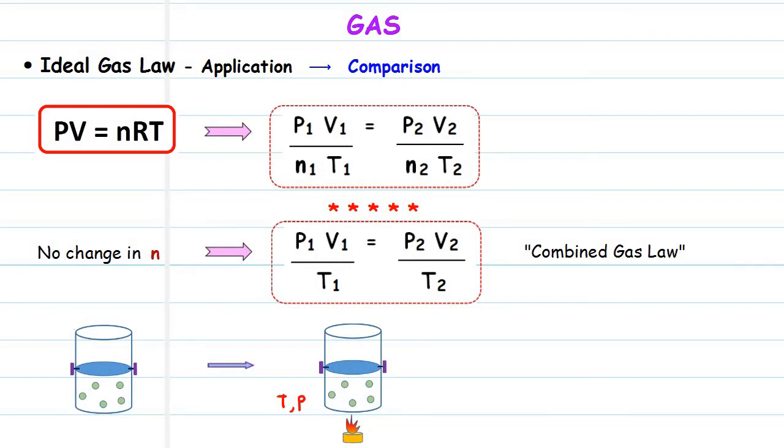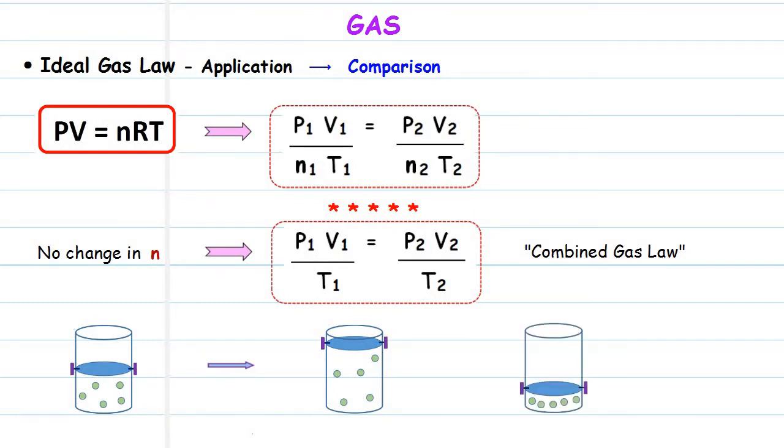Let's take a look at the second case then. Here, we're starting with the same gas container. But this time, we will lift the lid up and lock it, which means we increase the volume of the gas container. Nonetheless, the amount of the gas, or n, remains 5 units, the same as before. We can also lower the lid down and lock it.